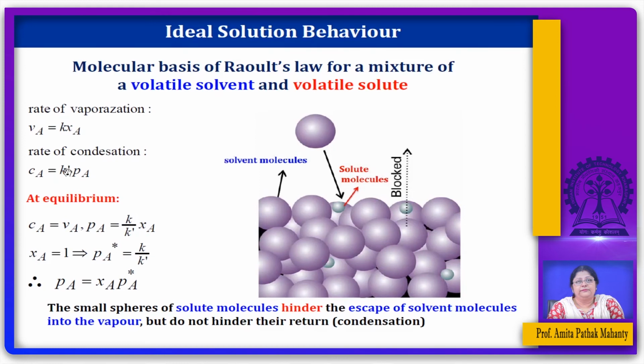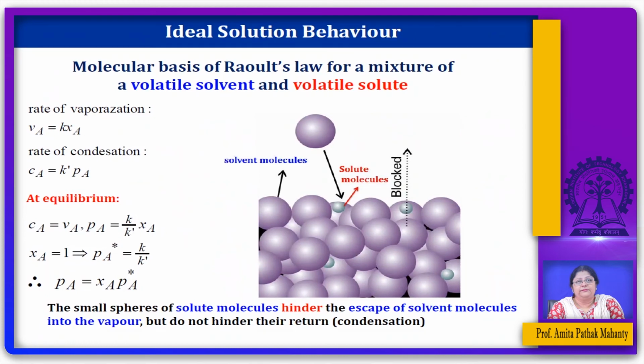Now you substitute the values. If you equate these two, K times the mole fraction of A equals K prime, which is another rate constant, the velocity constant, times the partial pressure of A.